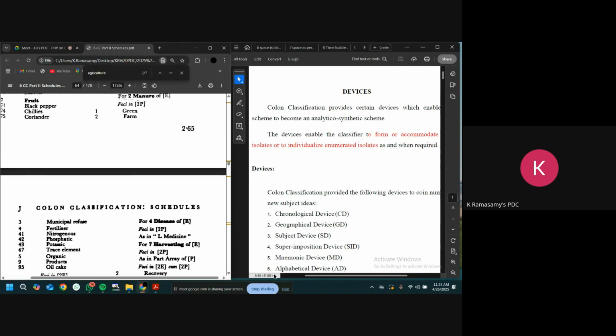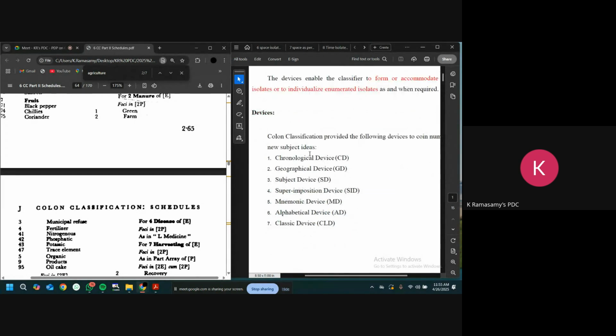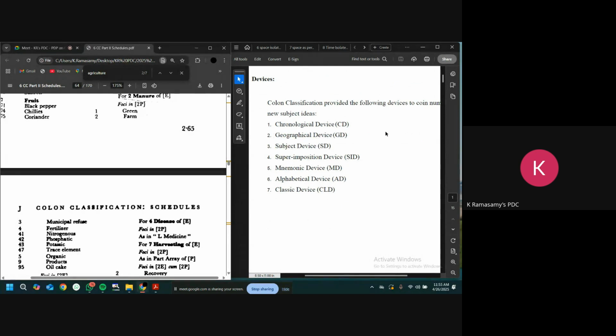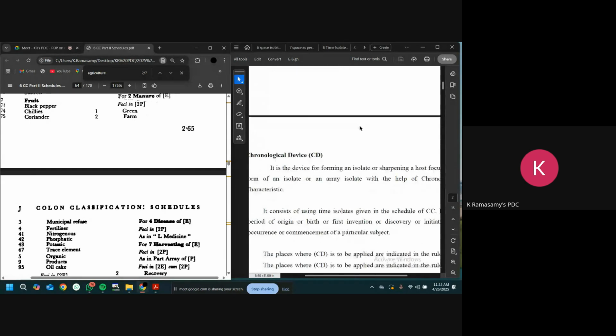Or no number is available for a particular subject, and you want to create your own number. In both ways, Ranganathan has given a long list of devices that can be used effectively. Many devices are there: CD, GD, SD, SID, MD. Let us discuss one by one.